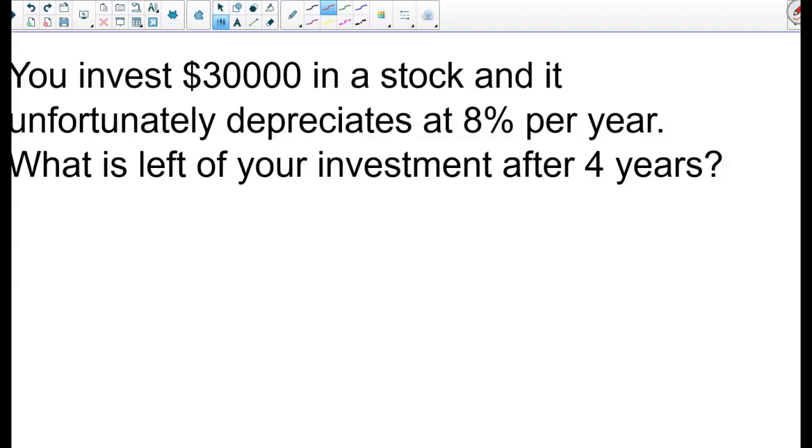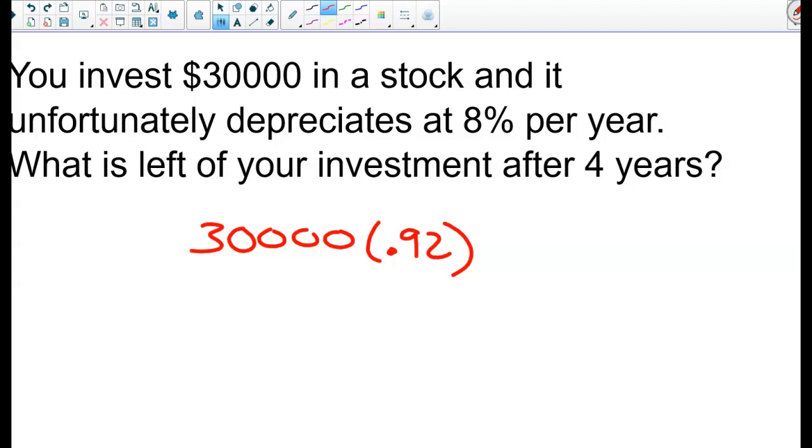When you have a stock or an initial investment, initial amount of money, we put that down. When the investment goes down, we subtract the rate it depreciates from 100, and that becomes our decimal. 100 minus 8 is 92, so the rate becomes 0.92.